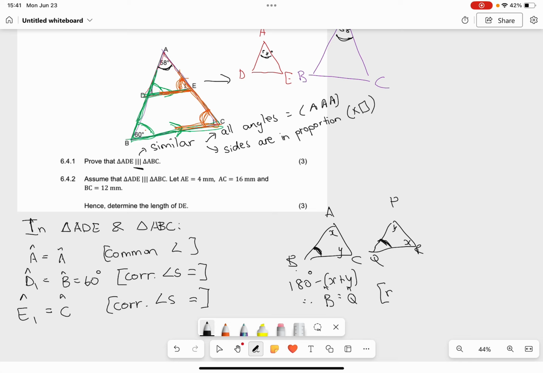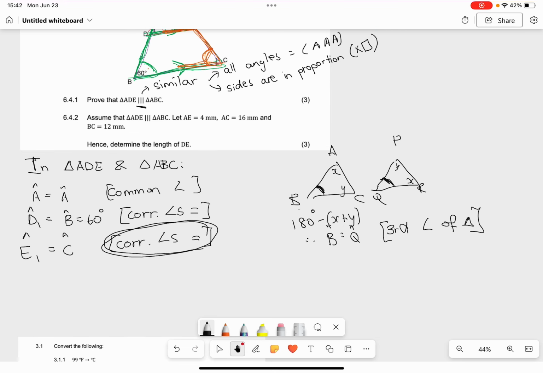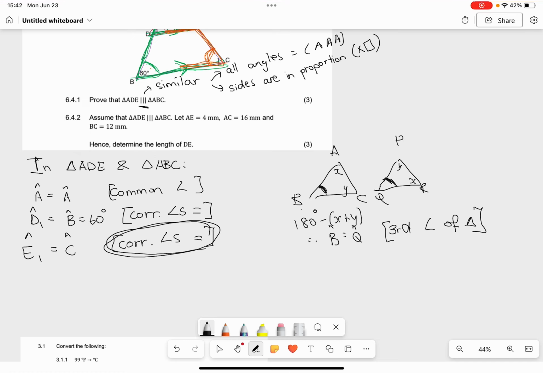The reason is, that's not what I meant to write. Third angle of a triangle. That's the reason. So you could have also used that as your reason here. You don't have to use corresponding, but it's not wrong to use because they are actually corresponding angles. Therefore, we can say triangle ADE is not congruent.